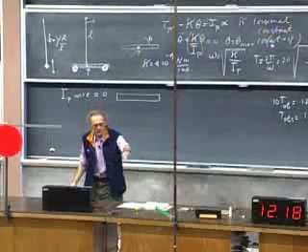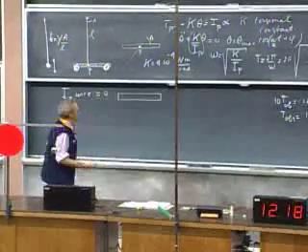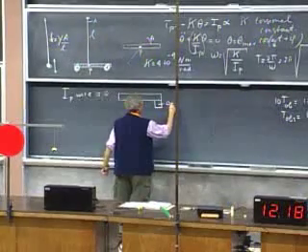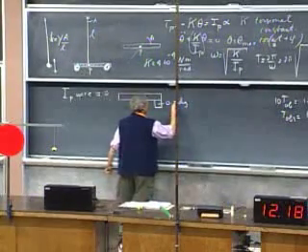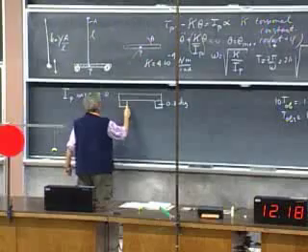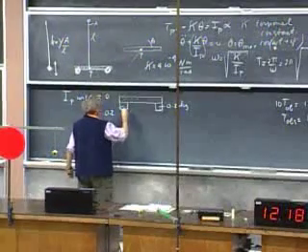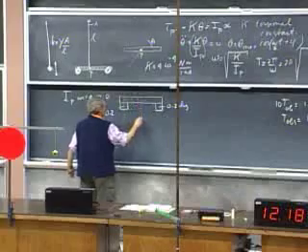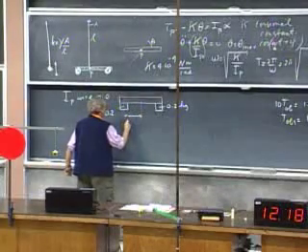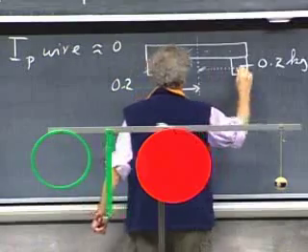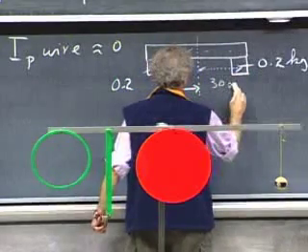On both sides it has 200 grams, which is 0.2 kilograms, and 0.2 kilograms here. And this mass is almost negligible. And this distance is 30 centimeters, and this distance is 30 centimeters.